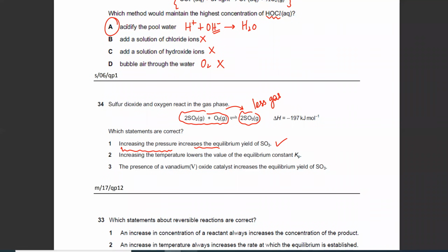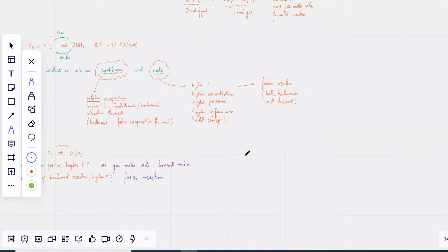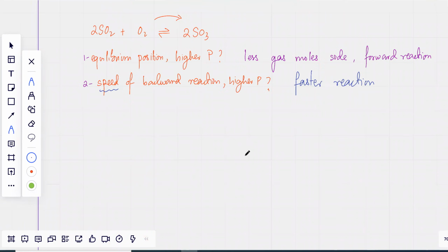What does a catalyst do? Actually, we didn't study catalyst. We did mention catalyst somewhere at the end. What does a catalyst do to the equilibrium position? Does it favor the forward or backward reaction? Anyone?